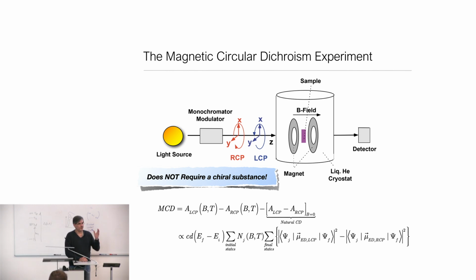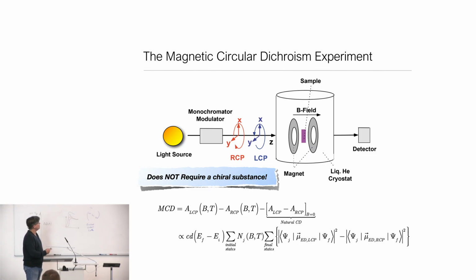You modulate between RCP and LCP with, say, 100 kilohertz frequency. That means your detector must listen with the same frequency: RCP, LCP, RCP, LCP, etc.